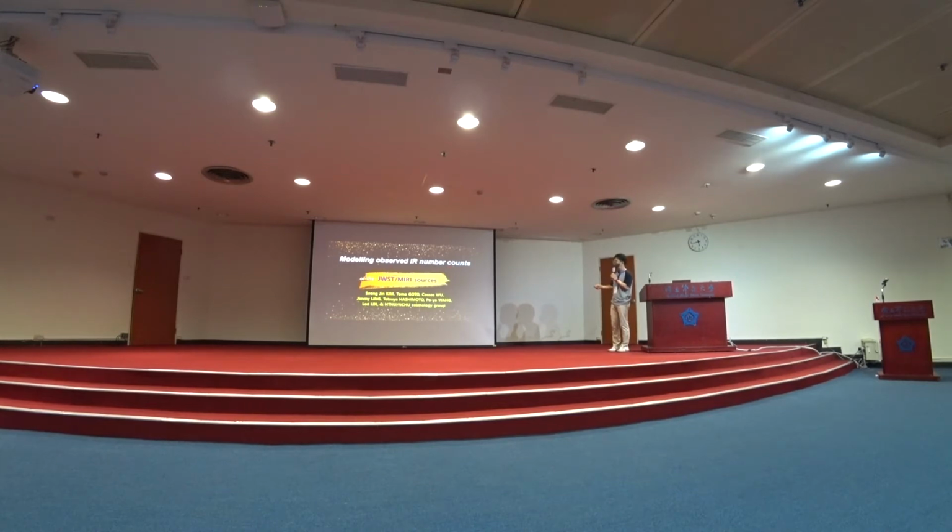The title of this presentation is: today I'm going to talk about infrared number counts using JWST data. The number count, or source count, is simple and straightforward, because source counting is actually counting the number of sources in a specific flux range or flux bin.